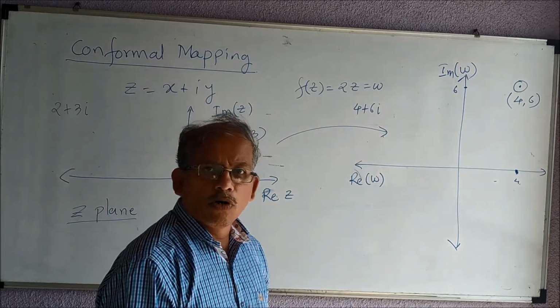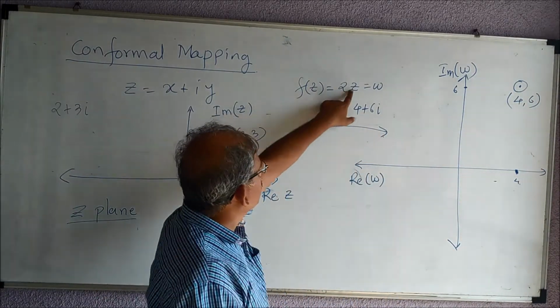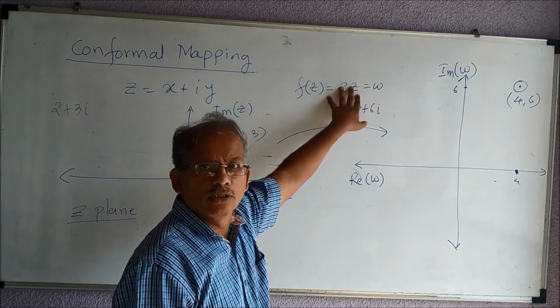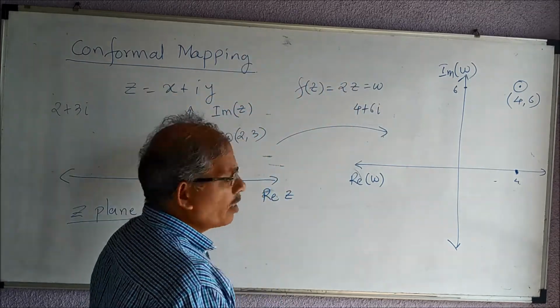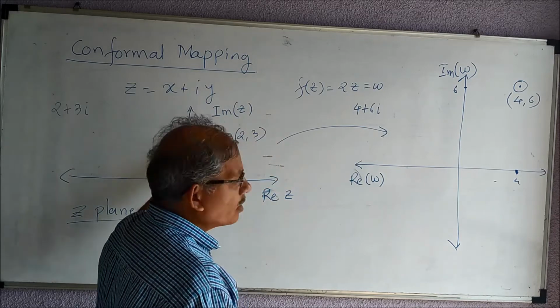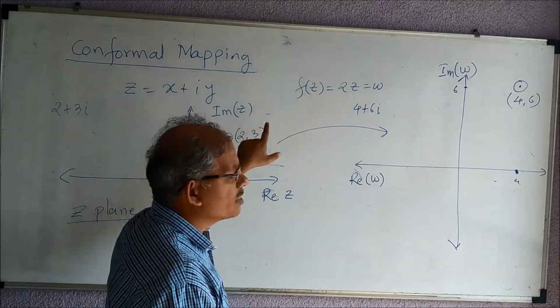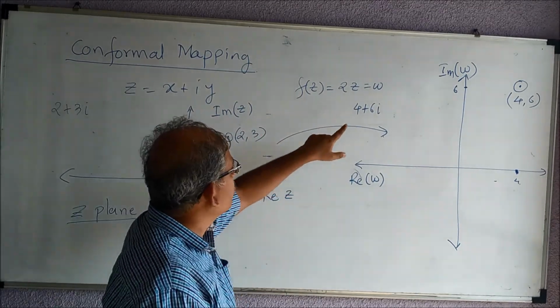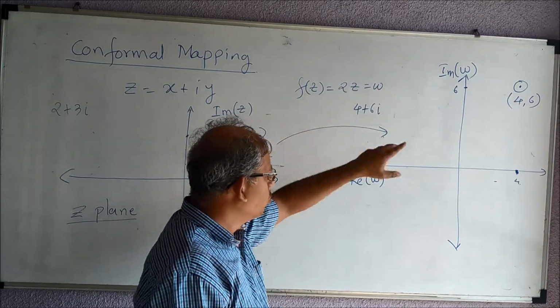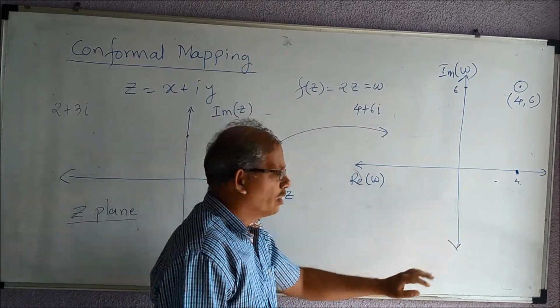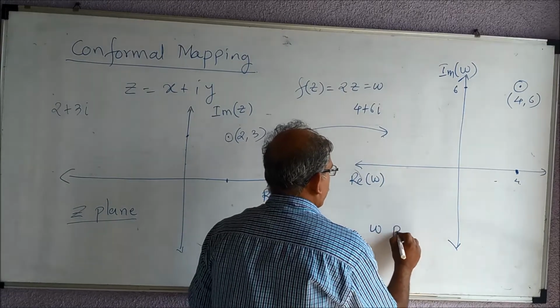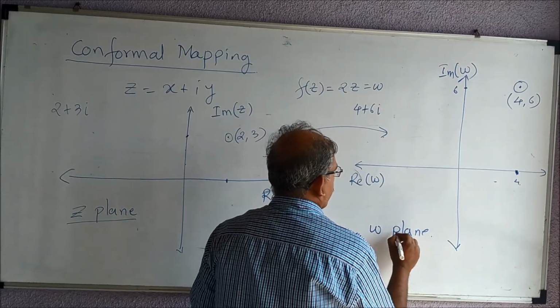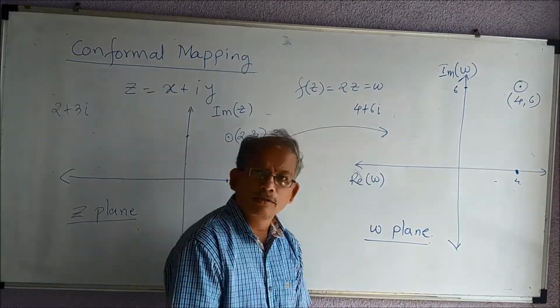right? So what we are doing is, under this particular function, we are making two pictures now. One is the input, that is the z, called the z plane, and to map the output, that is w, we have another plane called the w plane, right?